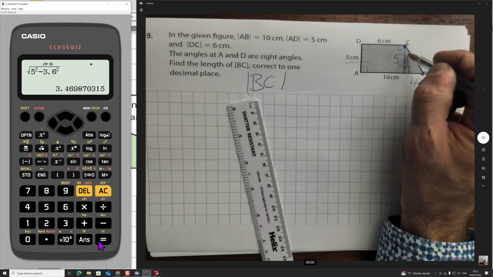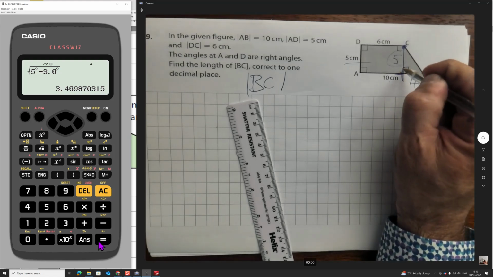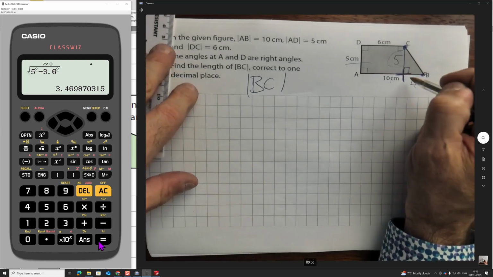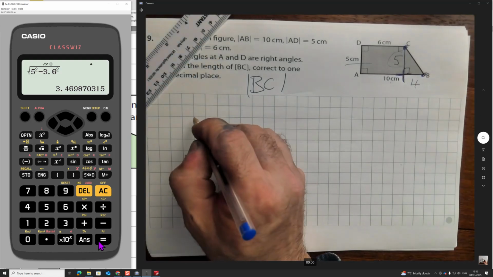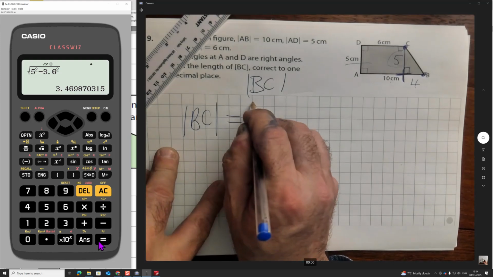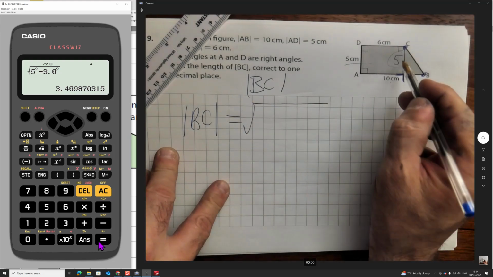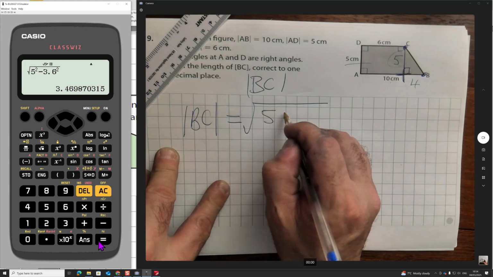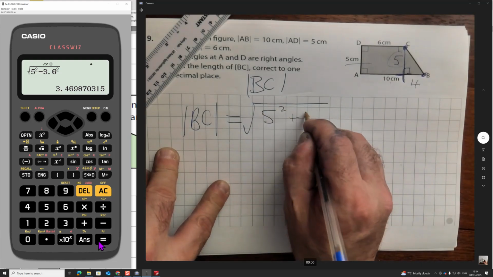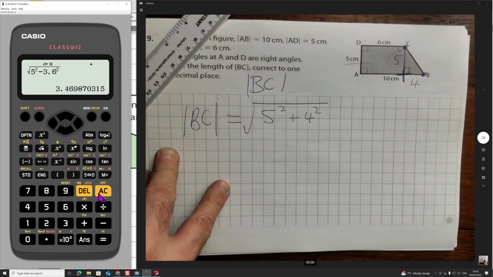Now we go on and say, look, it is the hypotenuse we're trying to get, so it's definitely the plus form of the calculation we're going with. Just to be complete, we'll write BC again here. We'll write equals the square root, and we have 5 and 4 as the legs, the leg lengths of our triangle.